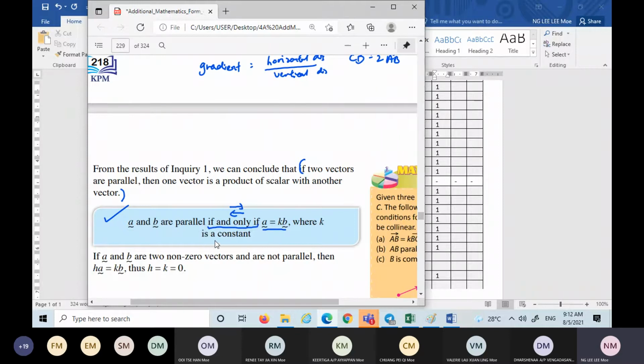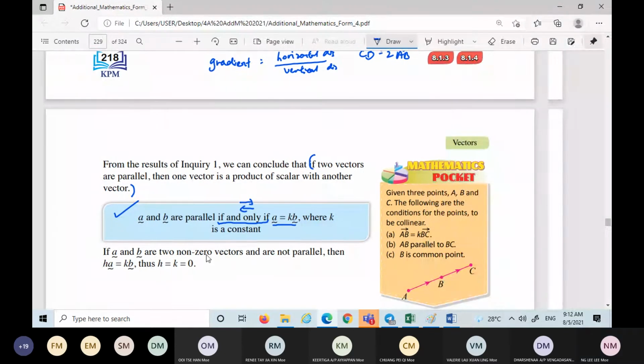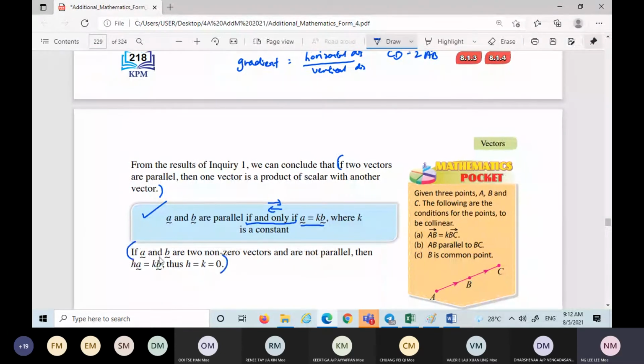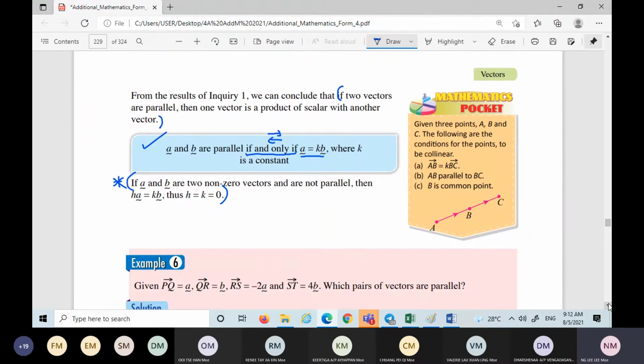This one is very important. Always the question will come out on this, but the students somehow forget or don't know what to do with the questions. If this happens, A and B are parallel, then A is equal to KB.